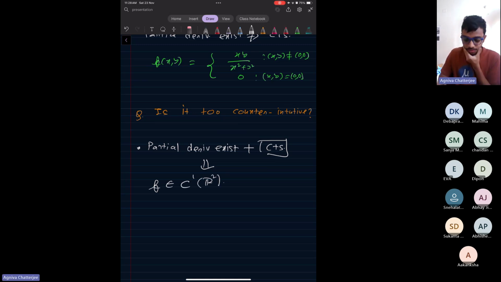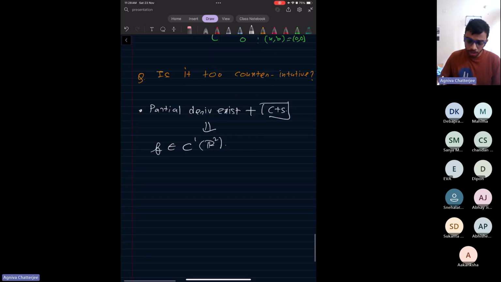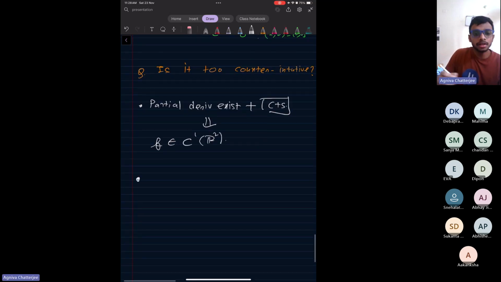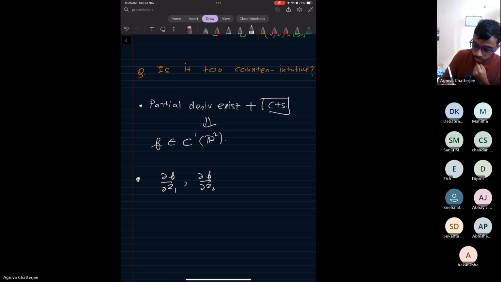It's a classic fact in multivariable calculus. Now, in the complex setting, proposal 3 says that if del f del z1, del f del z2, all these complex partial derivatives exist, then f is holomorphic.